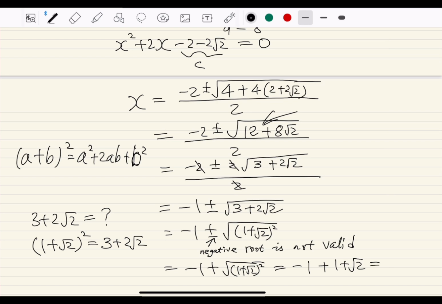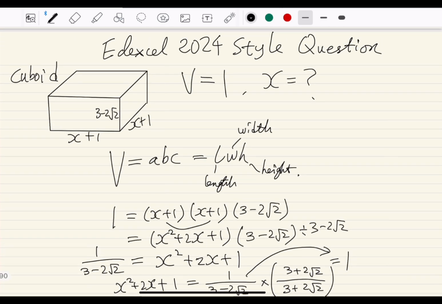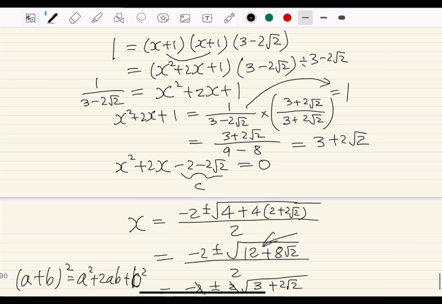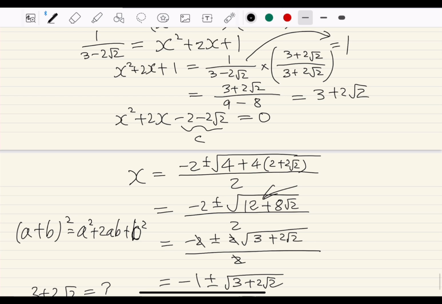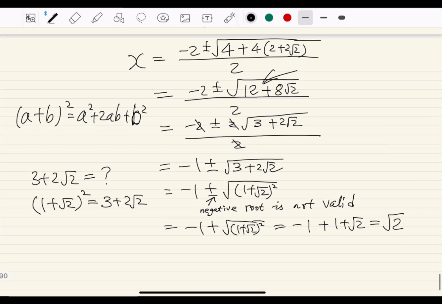This question is actually harder than the real Edexcel 2024 similar question, because in this question not only do you have to expand the bracket and rationalize a fraction with a surd in the denominator, you also need to apply the quadratic formula, then at the end find the perfect square inside the square root, and finally do a little analysis to find that the negative root is not valid for this context.